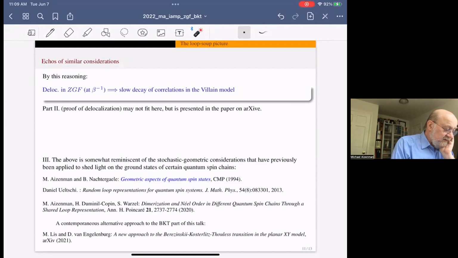One of those is our joint work with Bruno Nachtergaele on geometric aspects of quantum spin states. There are various other works on this theme. Some are presented in this work of Daniel Ueltschi. There are more in joint work of Daniel Ueltschi and Bruno Nachtergaele and other people.